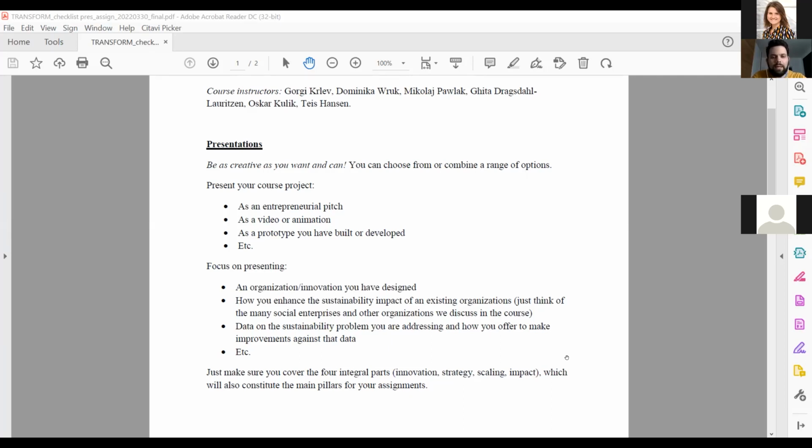You could also focus on presenting and developing an organization or innovation you have designed on your own. You could also be thinking about how you can enhance the sustainability impact of an existing organization. Just think of the many social enterprises, other kinds of organizations that we've talked about initially, and also in the course description.